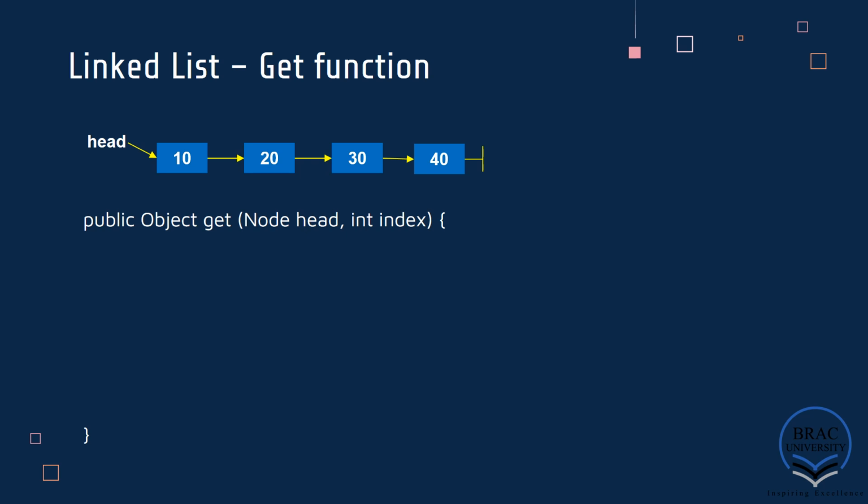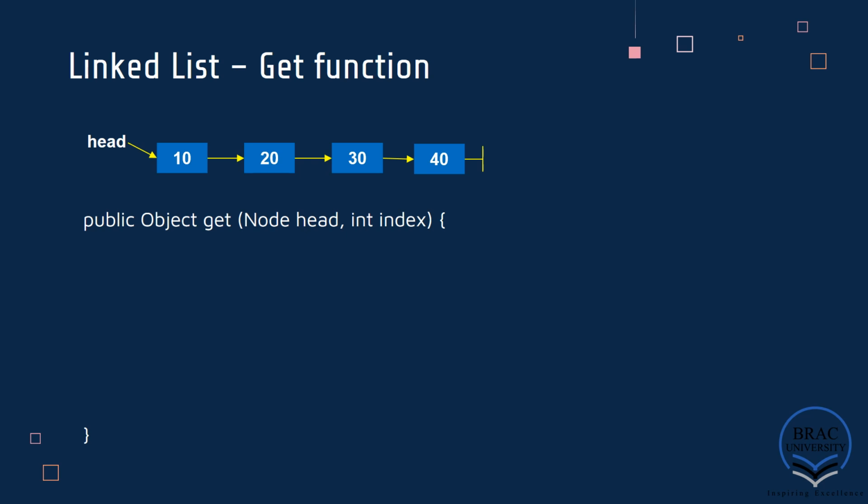So the purpose of the get function is basically, given a list and an index, it will return the element that is contained in the node at the given index. Here in this function we are passing as parameters node head, which is basically referring to the start of the list, and an index value, and it's going to return an object which is basically the value or the element inside my node.